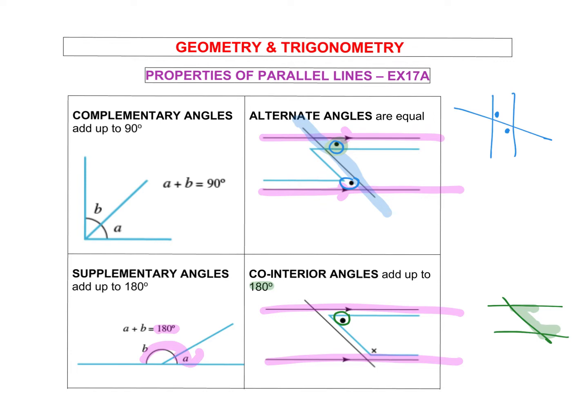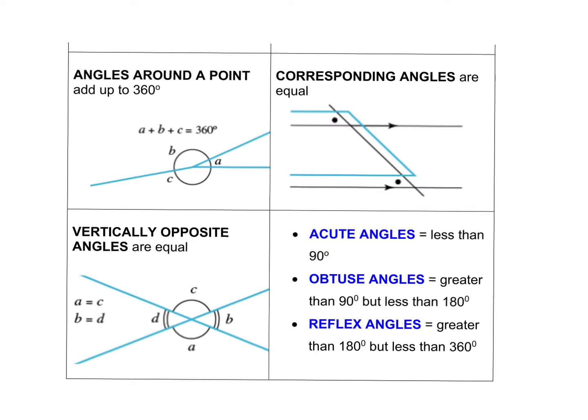And remember that a right angle is 90 degrees. Some other ones: if you can draw a circle around, then all of the angles must add up to 360.